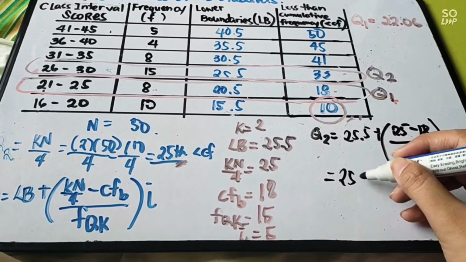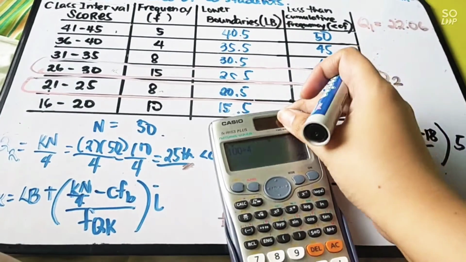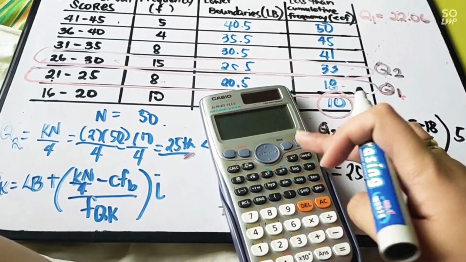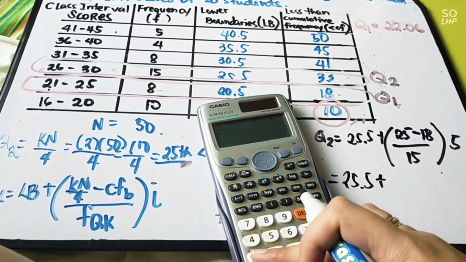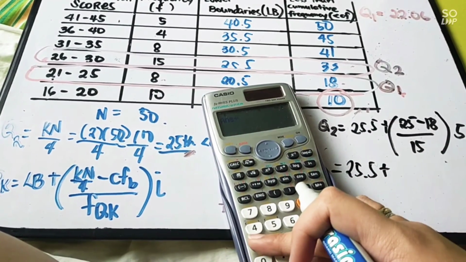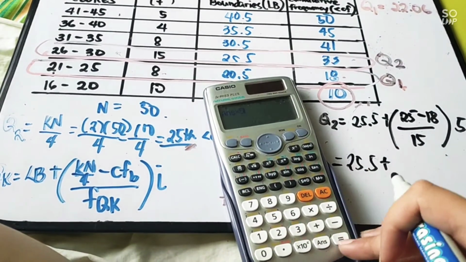We have 25.5 plus 25 minus 18 equals divided by 15, then times 5.